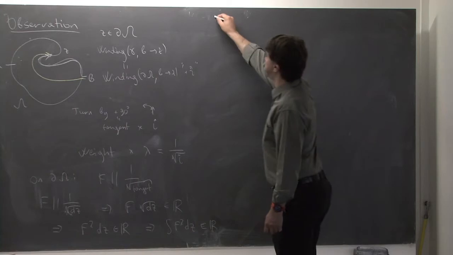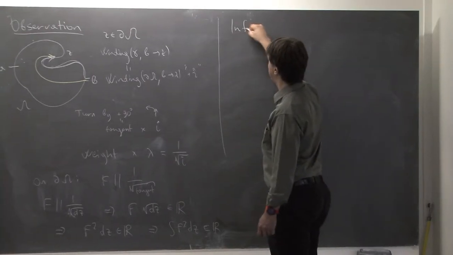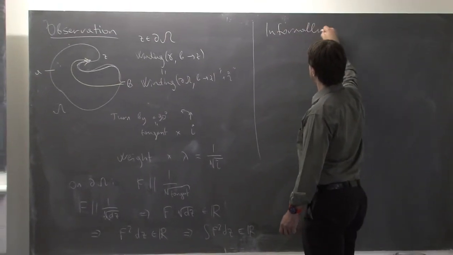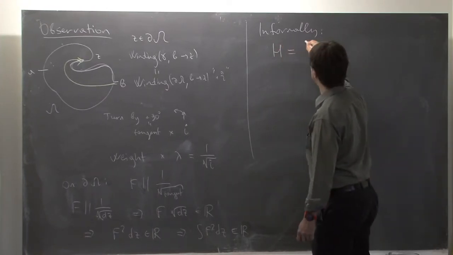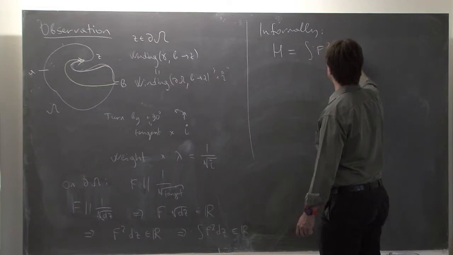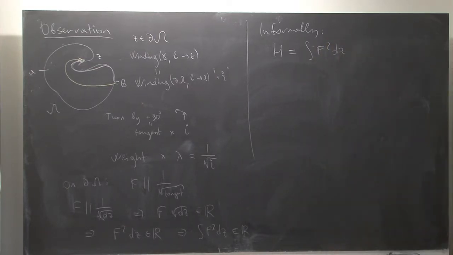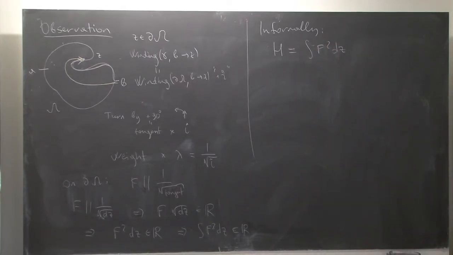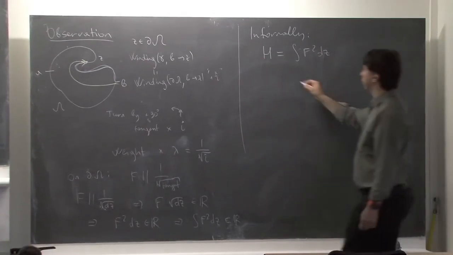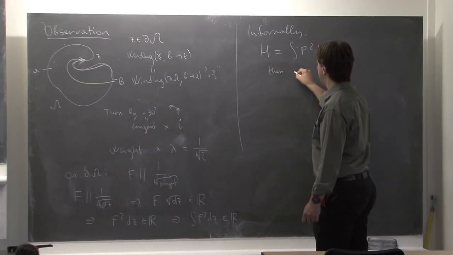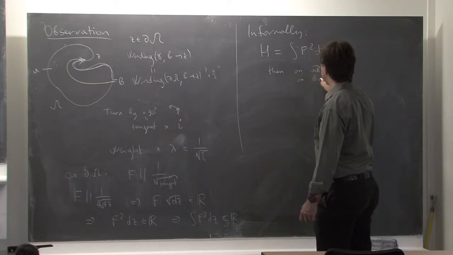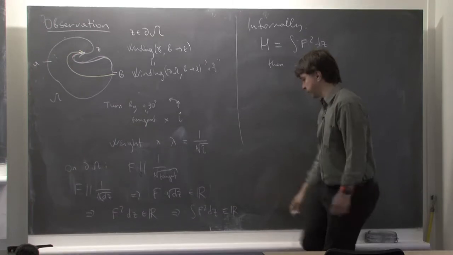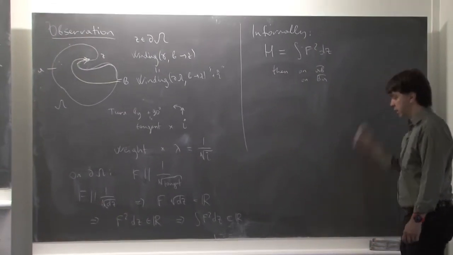So basically, informally, if we put h to be the integral of f squared dz, then on the two arcs, arc AB and arc BA, when we integrate f squared dz, we get real numbers.